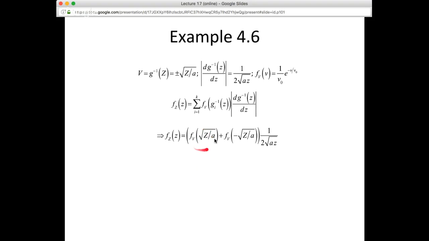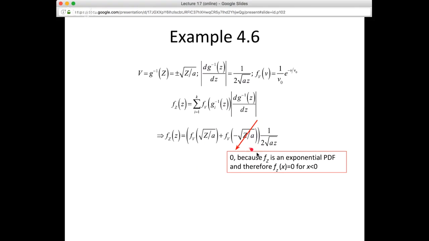The first is the PDF for the wind velocity evaluated at the positive root for g inverse, which is the square root of z over a. Then we have plus the PDF for v evaluated at the negative root. And then the derivative of g inverse with respect to z is just 1 over 2 times the square root of az, which you can see right here.